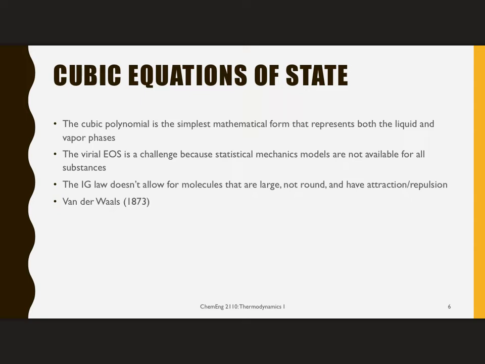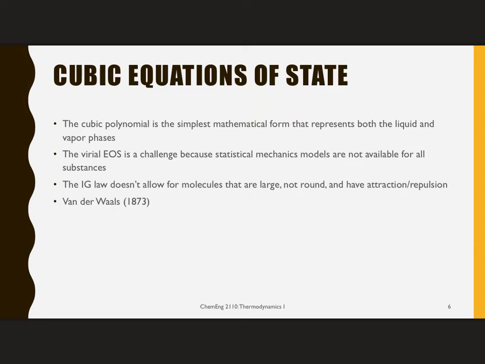The cubic equations are better than the ideal gas law because they allow for molecules to be more realistic. They don't have to be super small. They don't have to be perfectly spherical. They can have attraction and repulsion forces between molecules.